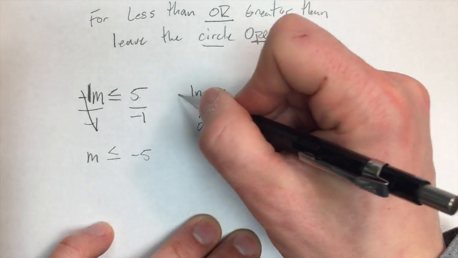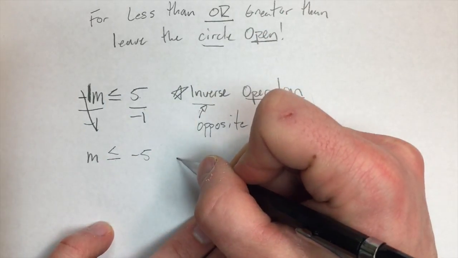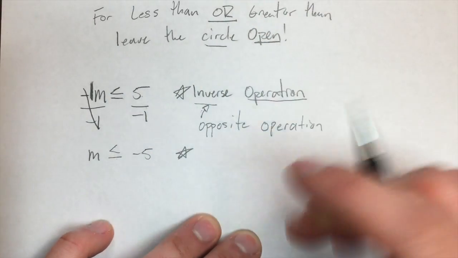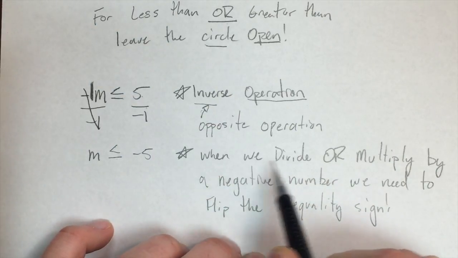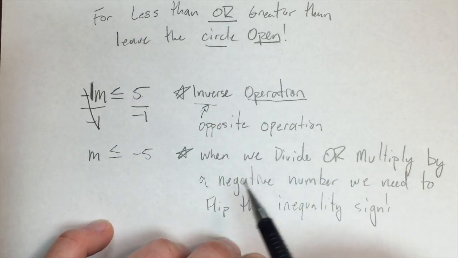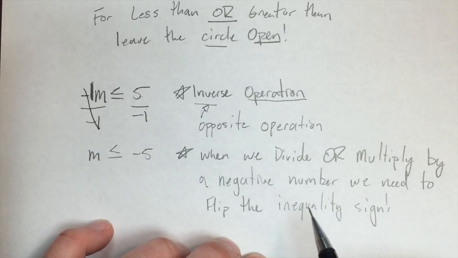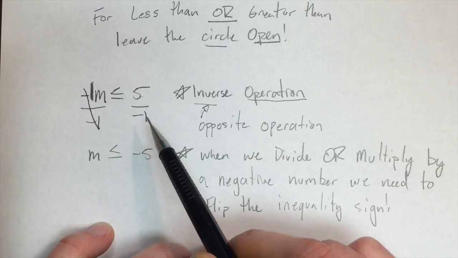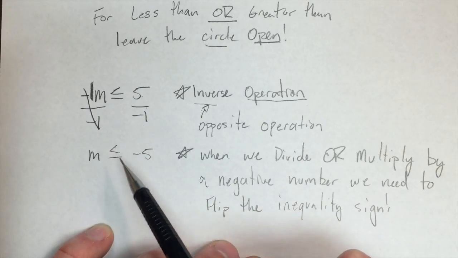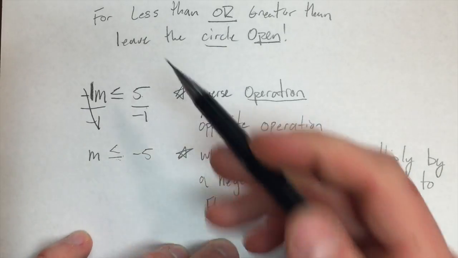Now, we need to remember one more thing here. This is very, very important. When we divide or multiply by a negative number, we need to flip the inequality sign. Did we divide by a negative number? We divided by negative 1, so we need to flip the inequality sign. So this is wrong.